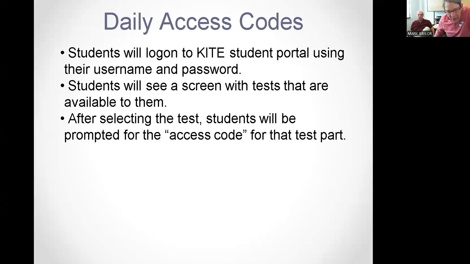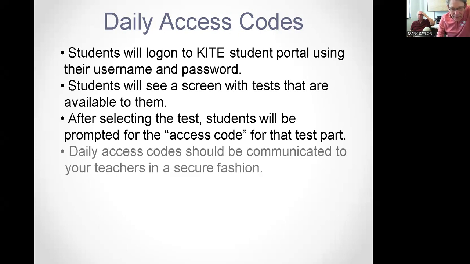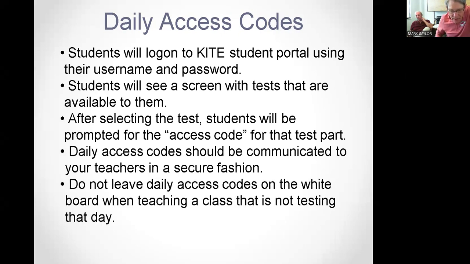And after they select a test, they'll be prompted for the access code for that test part. Daily access codes should be communicated to your teachers in a secure fashion. Do not leave daily access codes on the whiteboard when teaching a class that is not testing that day.